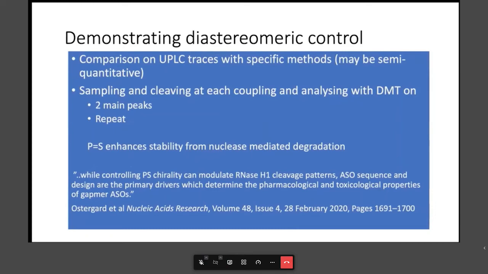So if you have limited phosphorothioates, you may see some fine structure in your UPLC data, which will be semi-quantitative, or you can sample and cleave at each coupling at a lab scale and measure the ratio of the two diastereomeric peaks that still have the DMT group on, and repeat this for each addition. This is a way of showing, particularly if you show it over a couple of batches, that we have reasonable reproducibility. And I think there is a debate at the moment that we need to think about.